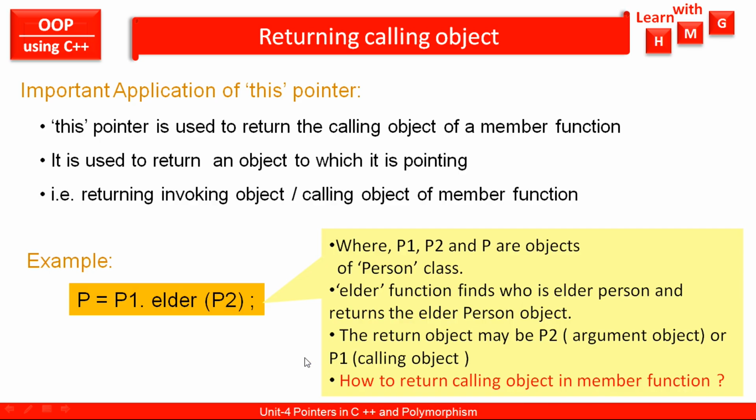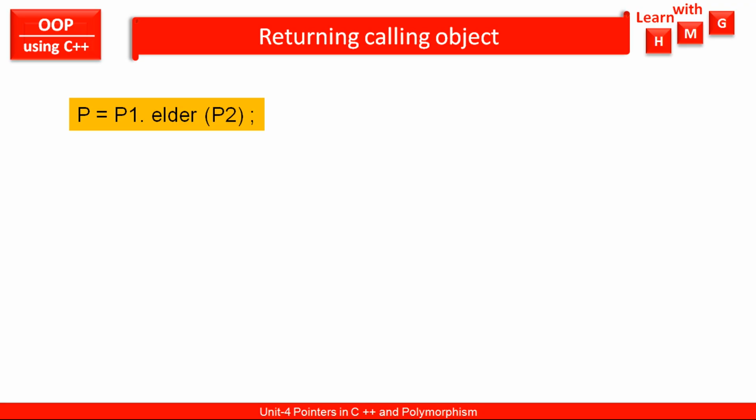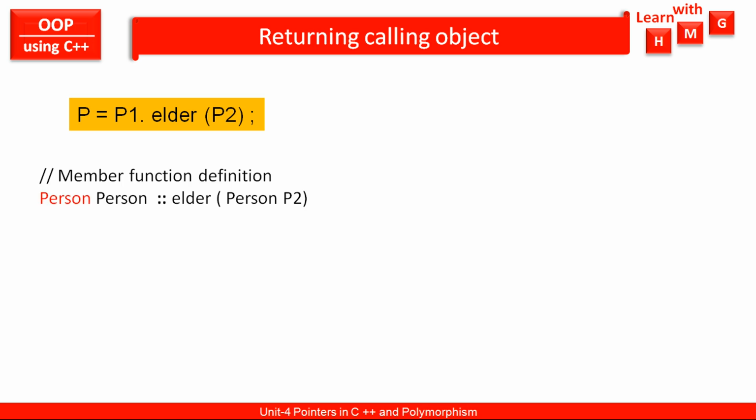Let us understand with the example of this member function definition in detail. Here again the P1 object is calling the elder function with argument object P2, and it is returning another object that is assigned to the P object. In the member function definition, elder is the function which accepts a person type of object, that is, person P2.